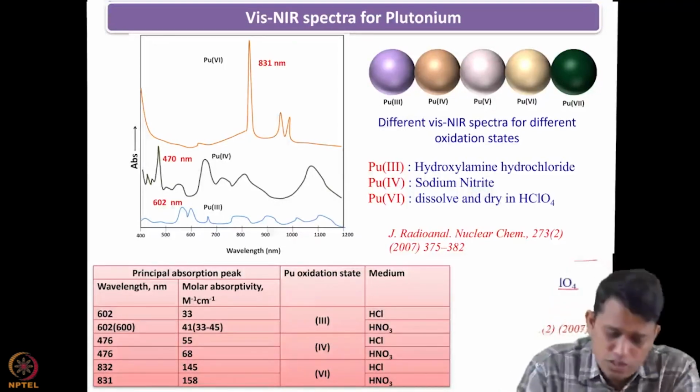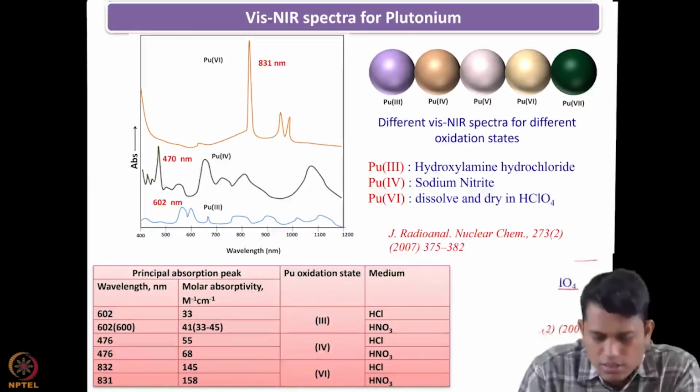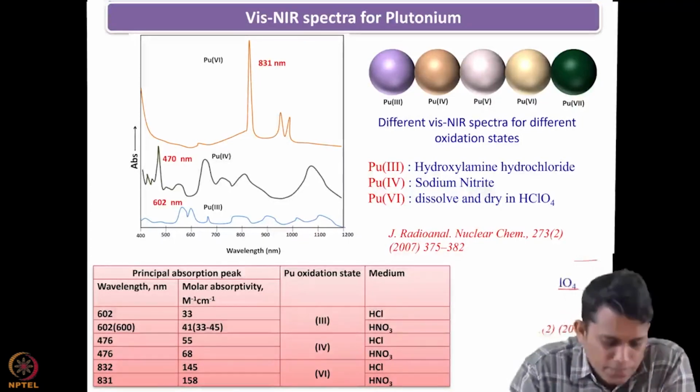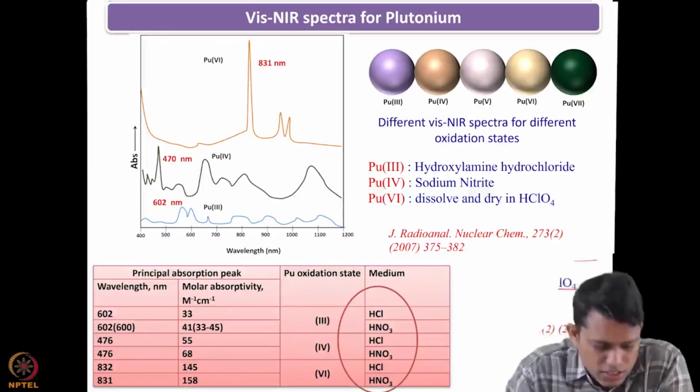Here I have given you the different peaks and their molar absorptivity for the plutonium solutions. I just want to emphasize that when you change the medium, there is some change in the peak position and molar absorptivity, because you are changing the ligand.